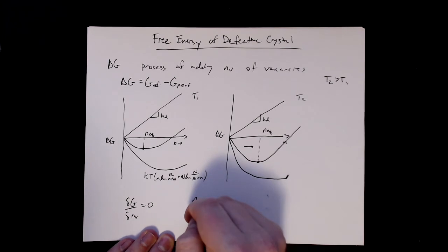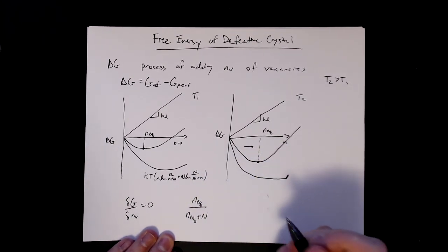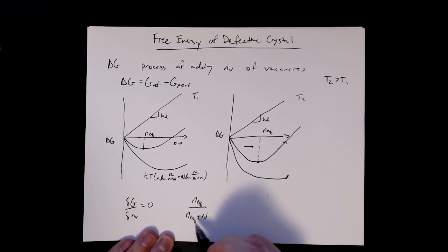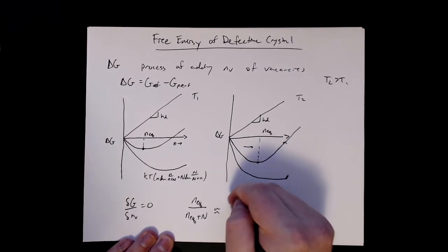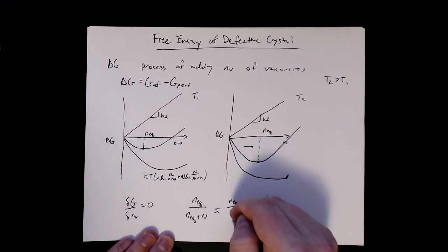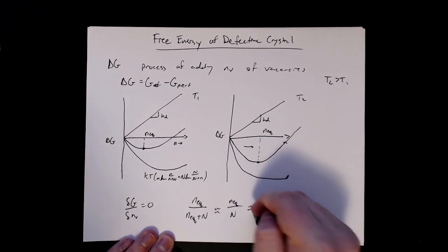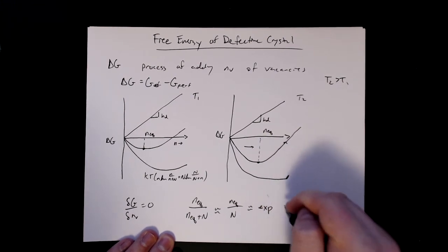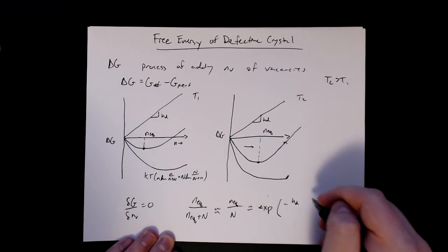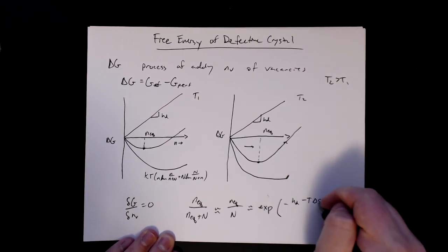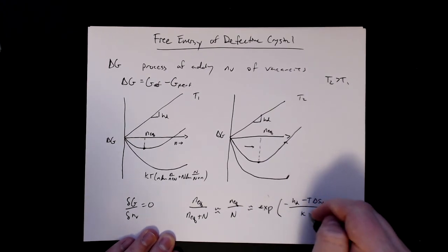When this is solved for, it's the ratio of the equilibrium number over the total, and since the equilibrium number of vacancies is typically small, we can approximate this as the equilibrium number of vacancies over the total number of lattice sites. And this is approximately equal to the exponential of the enthalpy term minus T delta S vibration, over kT.